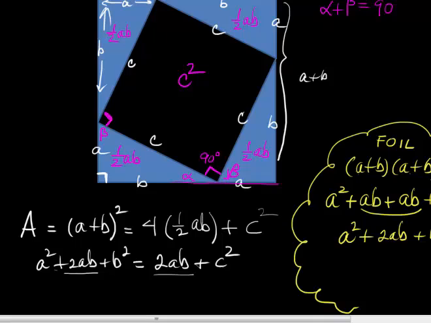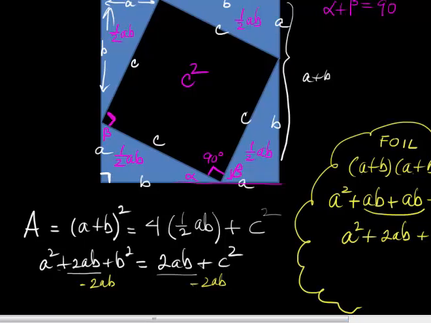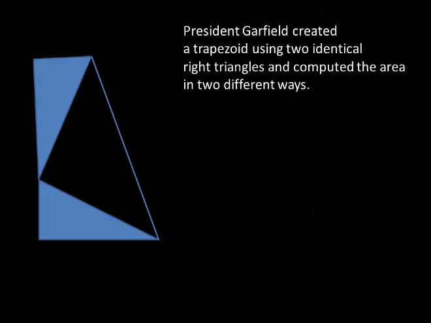So let's subtract 2ab from both sides. Minus 2ab minus 2ab from both sides gives us, well, what do you know? Let me change the color. I'll put it in green. Subtracting the 2ab from both sides, we get a squared plus b squared is equal to c squared. And we have proven the Pythagorean theorem.